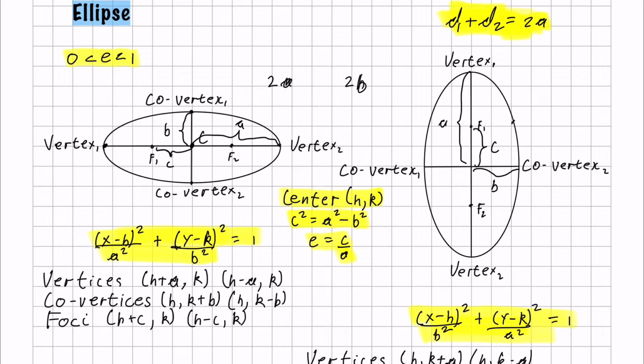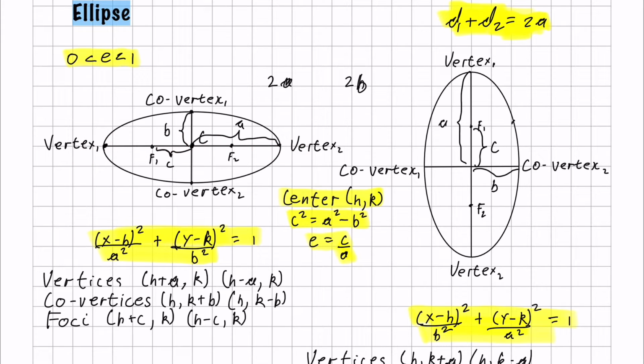If you want to think about this equation differently, x and y are the common variables, subtracted by the center's x and y, and this here would just be the distance from the center to the ellipse's closest point along that variable's direction. So this is the horizontal vertex, and the co-vertex is on this level, horizontally.